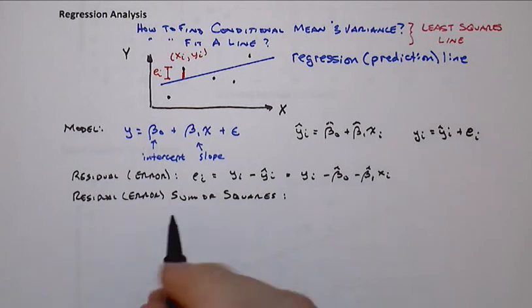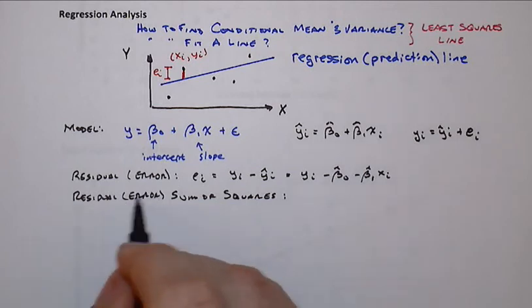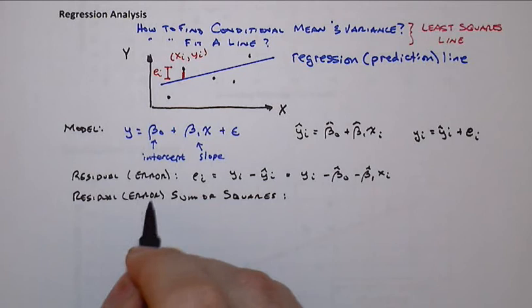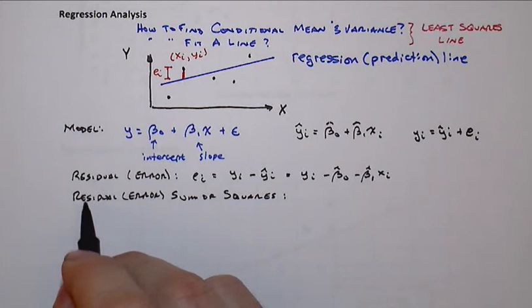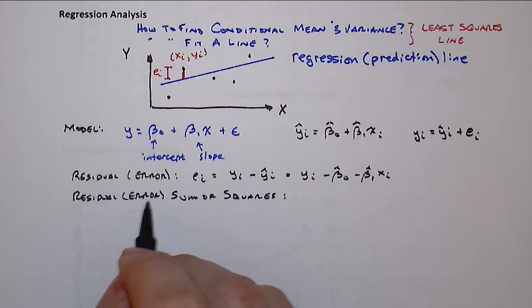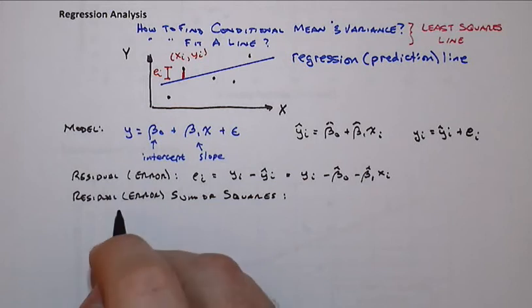Your Montgomery and Runger text tends to focus on calling these errors. Other texts tend to call these residuals. I like the term residual from a statistical perspective, and error from a probability theoretical perspective. So they're both equally good phrases.